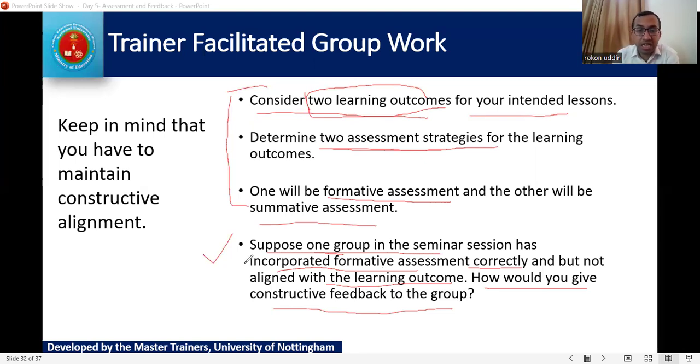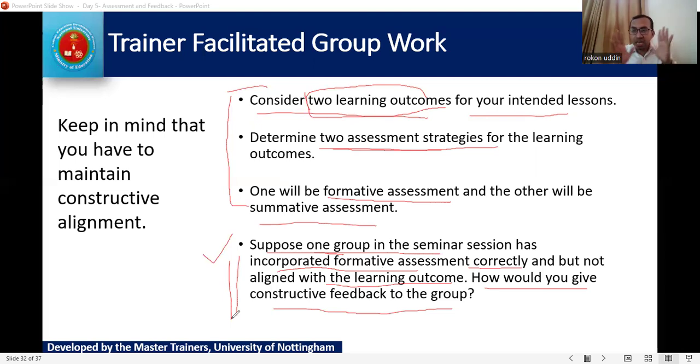Of course, the group that gives feedback will follow the constructive feedback method, I mean the sandwich feedback method. So you will write down how you will give a constructive or sandwich feedback to a group in this kind of case.